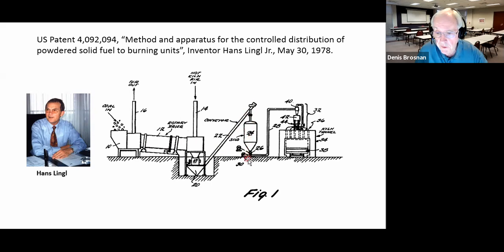And then that bin blows the pulverized and dried fuel up into a distribution device, which you're going to see, which distributes it through burners. So this shows it dropping downward into a kiln.